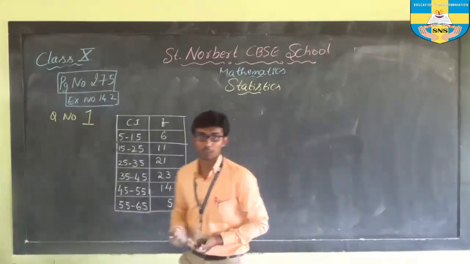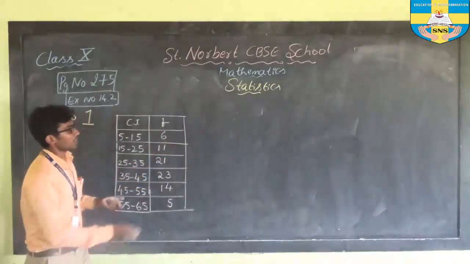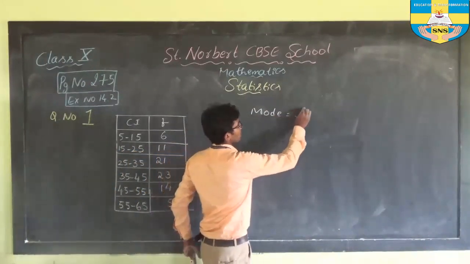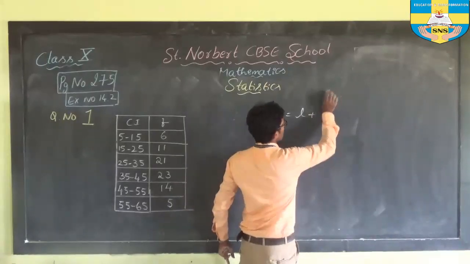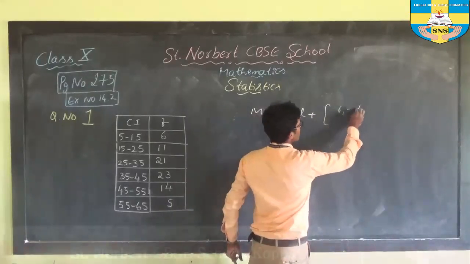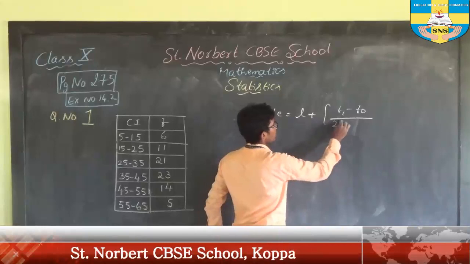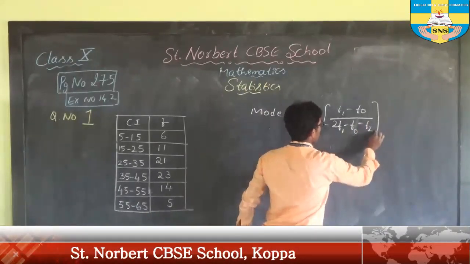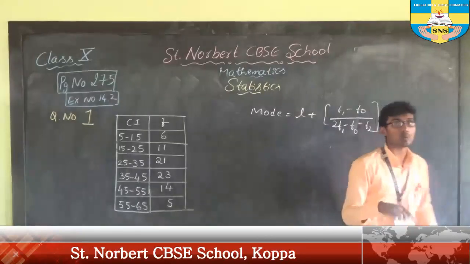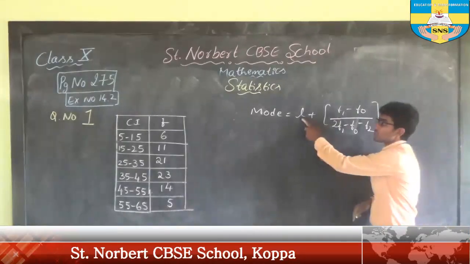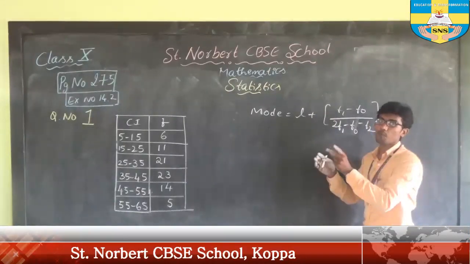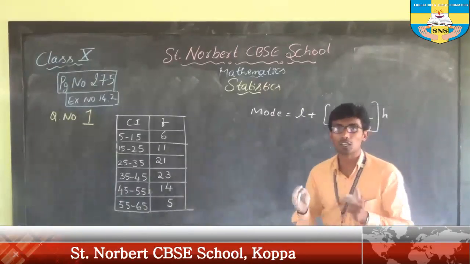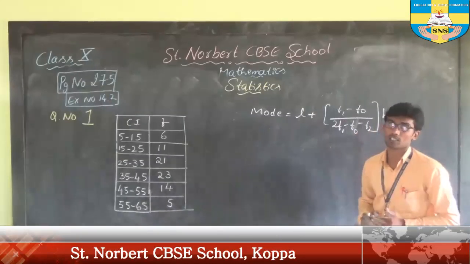When you look at this question, first you need to remember this formula. Mode = L + ((F1 - F0) / (2F1 - F0 - F2)) × H. As I explained earlier, L is the lower limit of the modal class. The first task while calculating the mode is guessing the modal class.